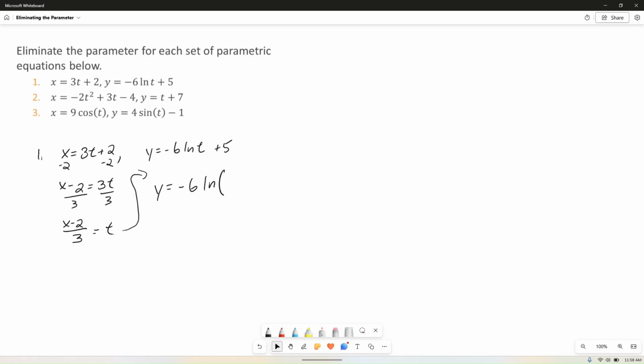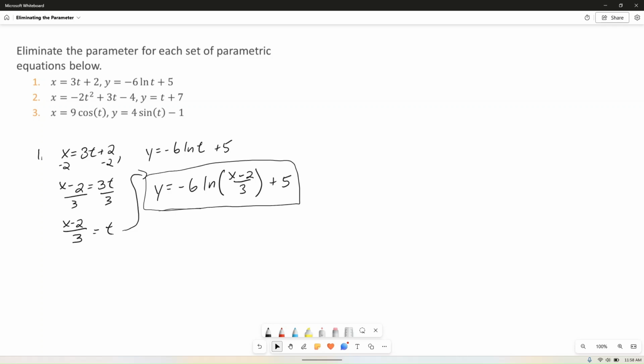So I'm going to have negative 6 natural log of x minus 2 over 3, and then all of that plus 5. So y equals negative 6 natural log of (x minus 2) over 3, plus 5. This gives me a single equation without the extra parameter that describes y as a function of x.